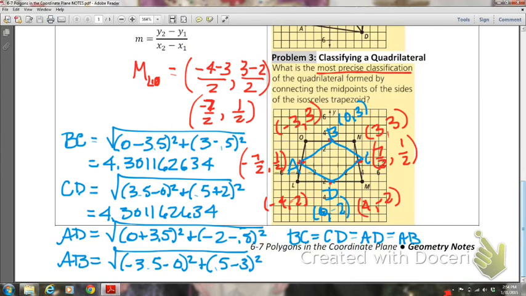So all the sides are congruent, so that means that it is a rhombus, because all sides are congruent. But consecutive sides are not perpendicular. We can look at the diagram and see that they're not right angles. So it's not a square, it is just a rhombus.